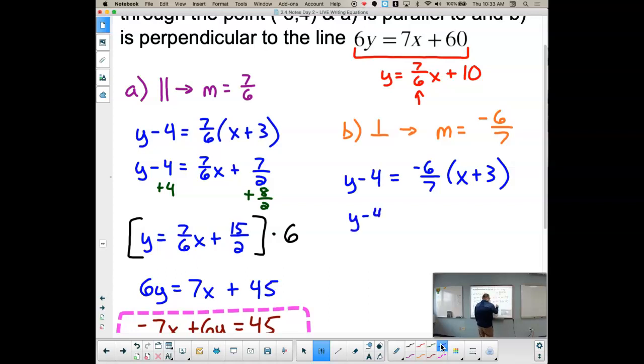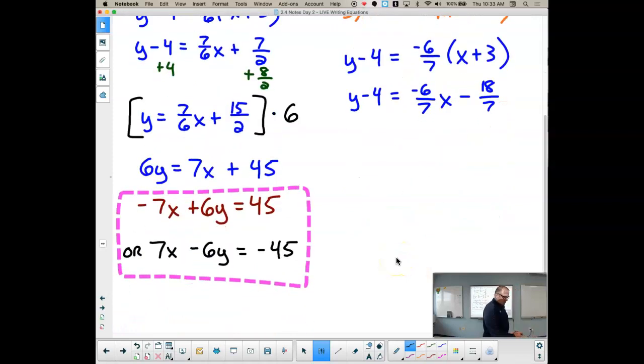Y minus 4 equals negative 6/7 x minus 18/7. Add 4, add 28/7. Y equals negative 6/7 x plus 10/7.